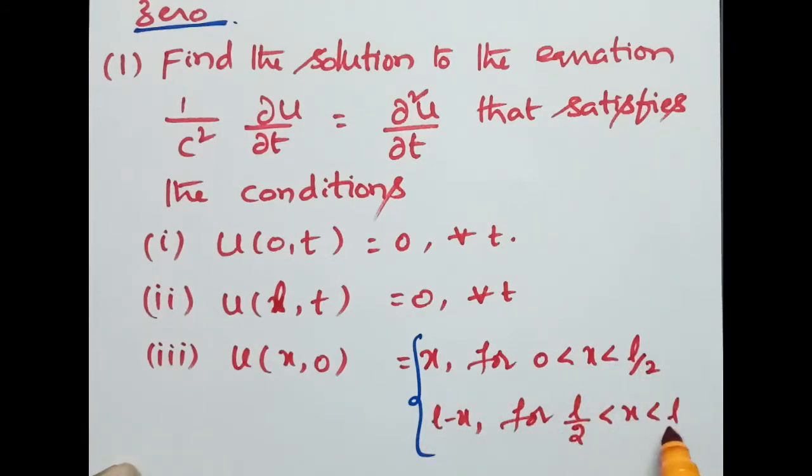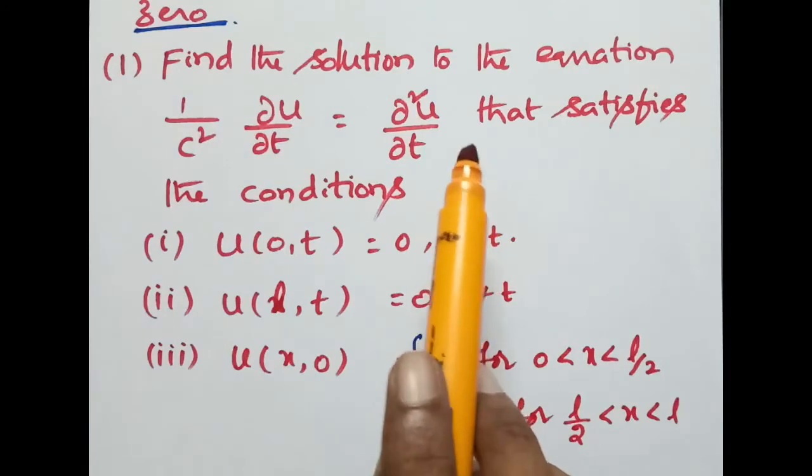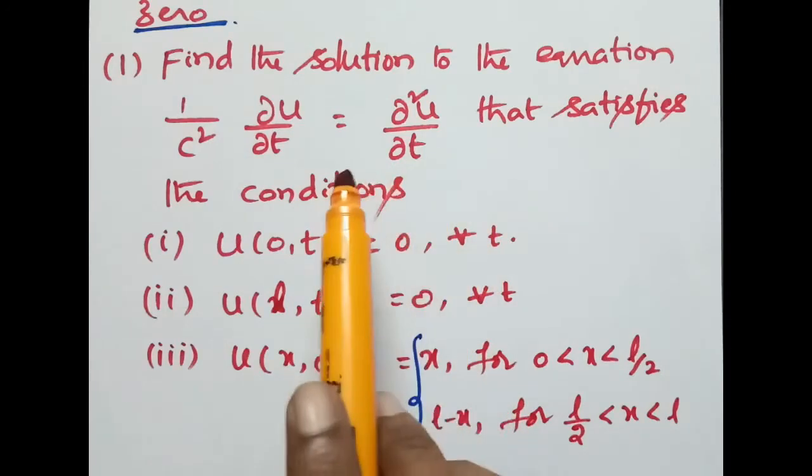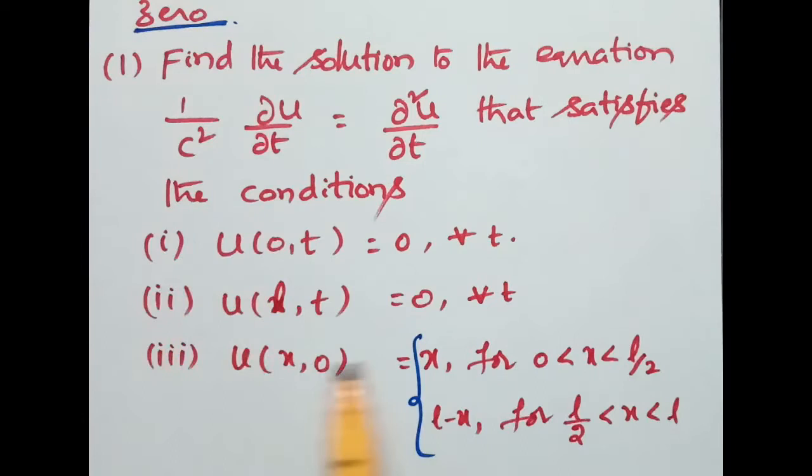In the interval L by 2 to L, initially the temperature is in the form L minus x. Now solve this problem. That means find the solution of this one-dimensional heat equation with these boundary and initial conditions.